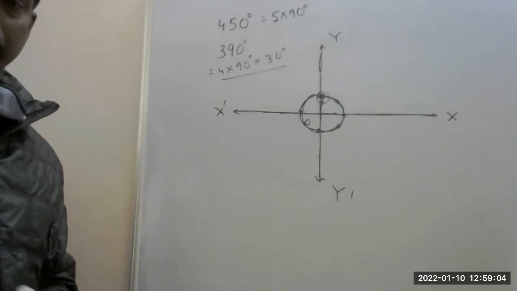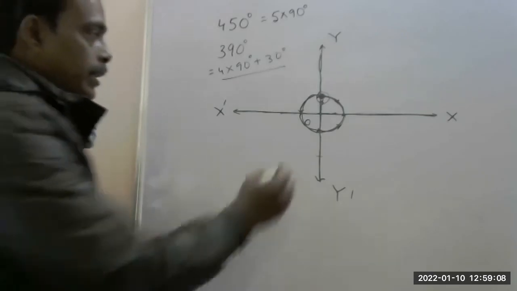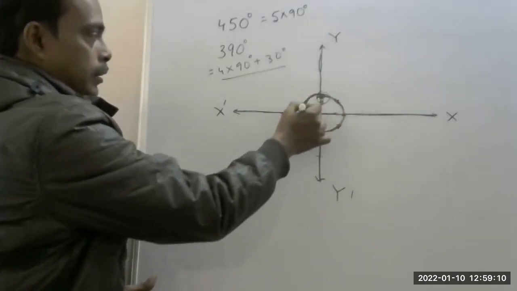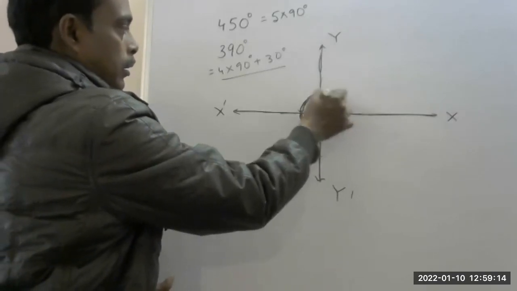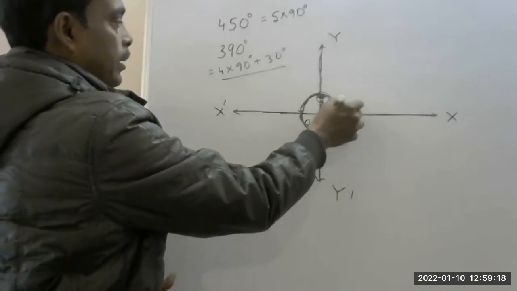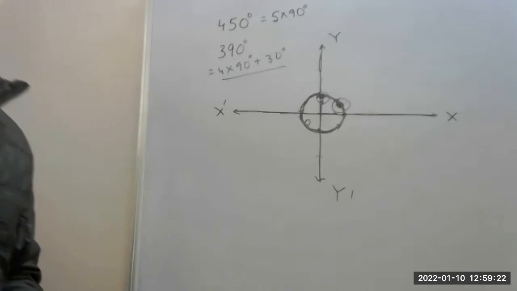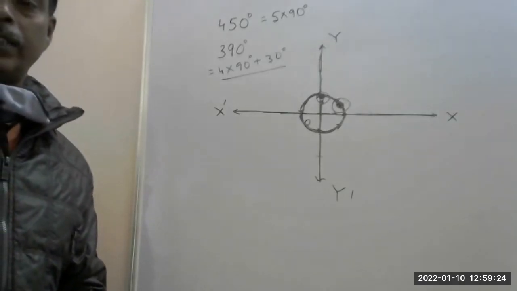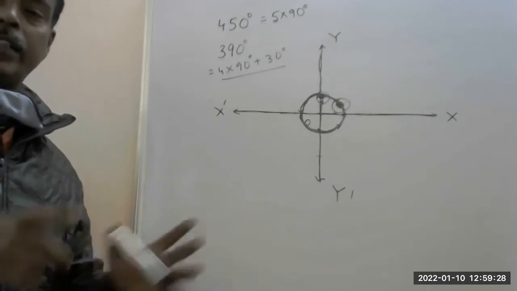So 90, 180, 270, 360 plus 30. Plus 30 here. So the angle is situated here in the first quadrant. Is it clear? The angle 390 degrees is situated in the first quadrant.